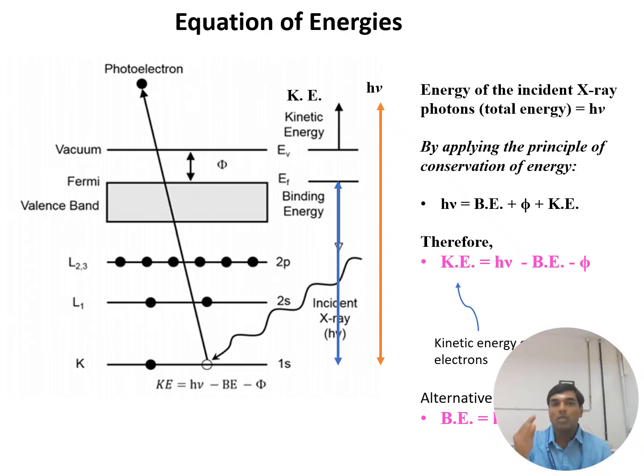Work function is the distance to be covered from the Fermi level to the vacuum level, and kinetic energy is from the vacuum level to outside the surface. So if you want to determine binding energy or kinetic energy, you need to subtract from the energy of the photons, from the electromagnetic radiation, the work function and either the binding energy or kinetic energy.